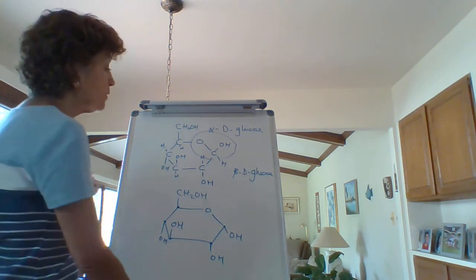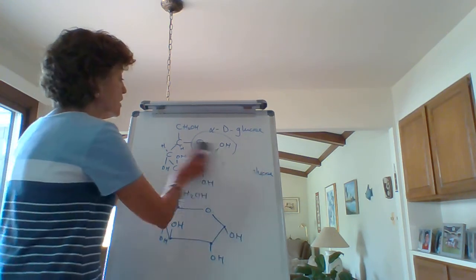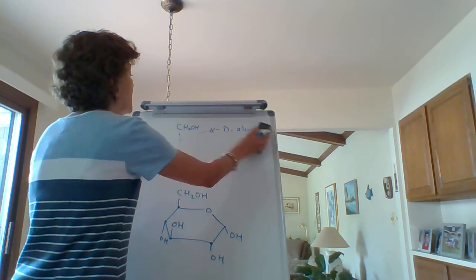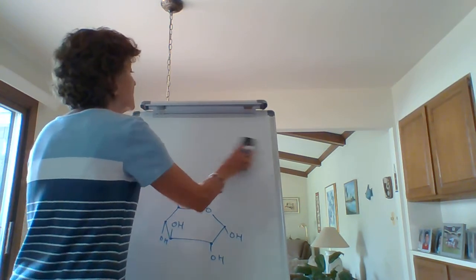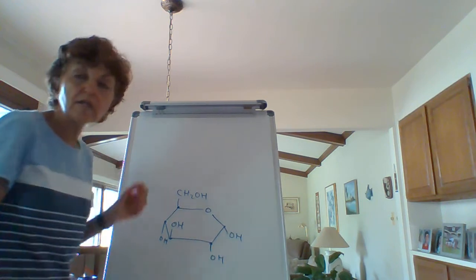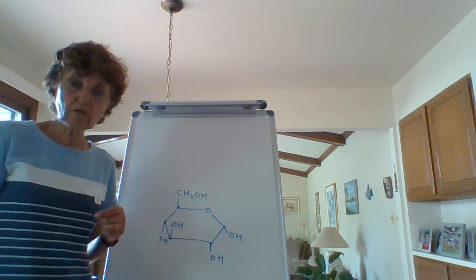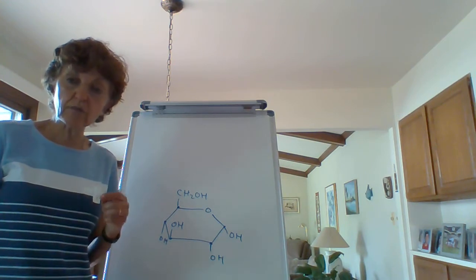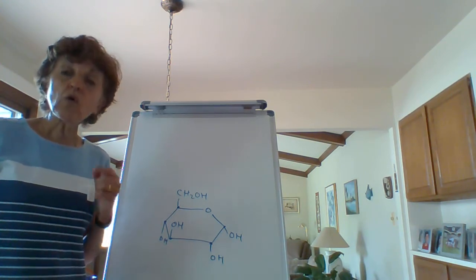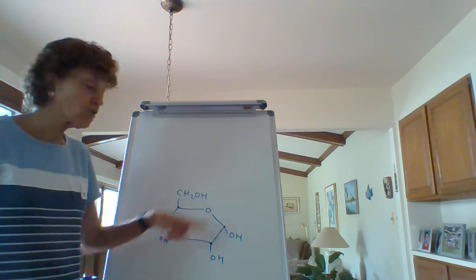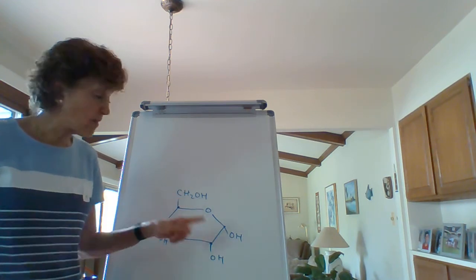Okay? Now what I want to do is turn a galactose Fisher into a Haworth. Do you guys remember how I told you that glucose and galactose are epimers and they differ at which carbon? They differ at carbon 4. So if you want to turn this glucose into a galactose, you just count.